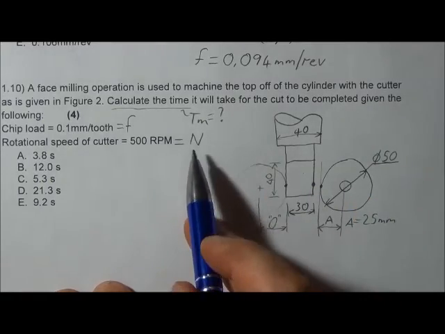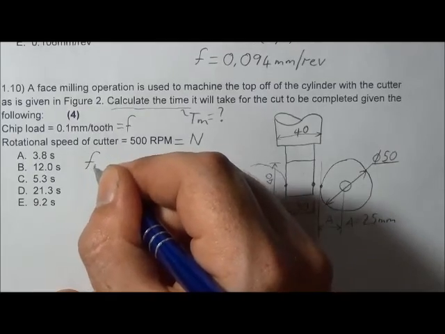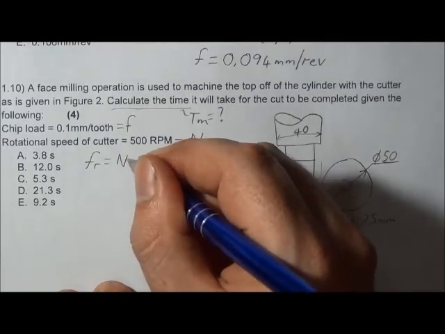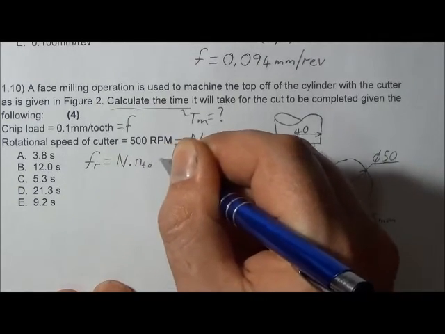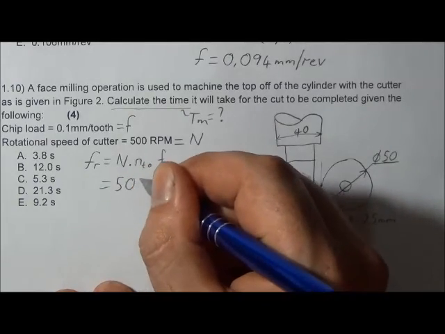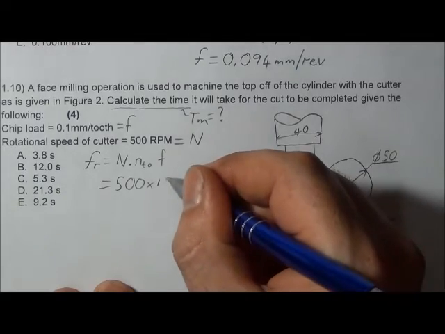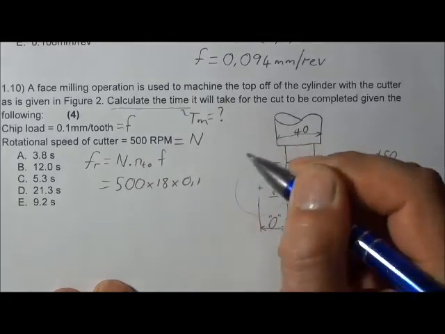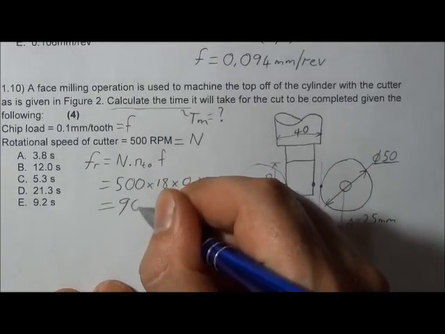So we are given n and small f, so we can calculate our feed rate. Feed rate is n times n_t times f, so that is 500 times the number of teeth, which was given as 18, times 0.1.